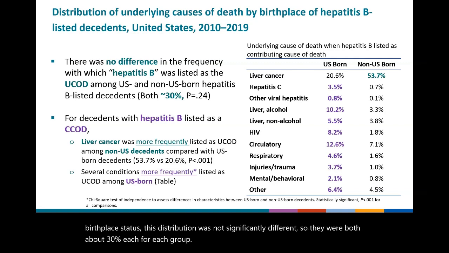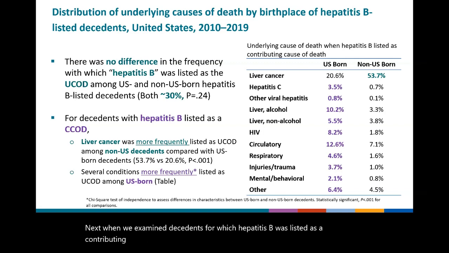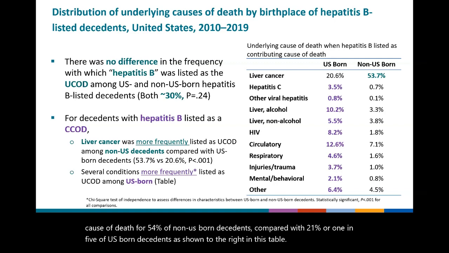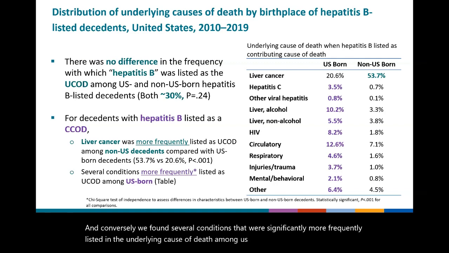Next, when we examined decedents for which hepatitis B was listed as a contributing cause of death, we found that liver cancer was listed as the underlying cause of death for 54% of non-US-born decedents, compared with 21%, or 1 in 5, of US-born decedents, as shown to the right in this table. And conversely, we found several conditions that were significantly more frequently listed as the underlying cause of death among US-born compared to non-US-born decedents.